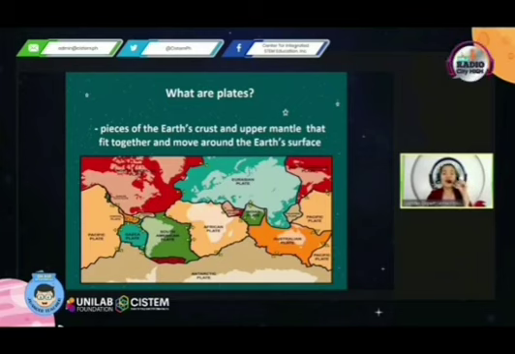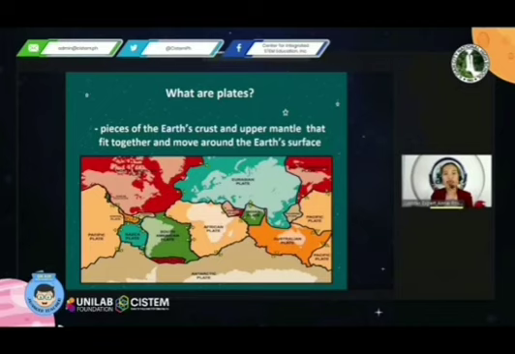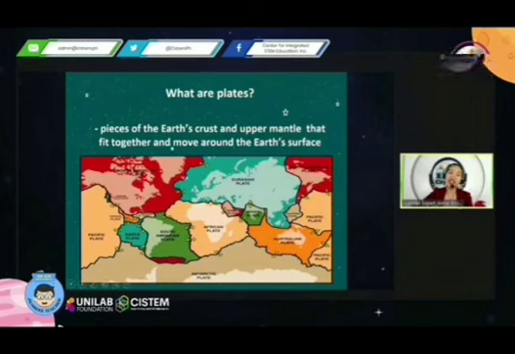First of all, it is important to know that the Earth's crust is broken up into large pieces called tectonic plates. Remember that these plates are pieces of the Earth's crust and upper mantle that fit together and move around the Earth's surface.